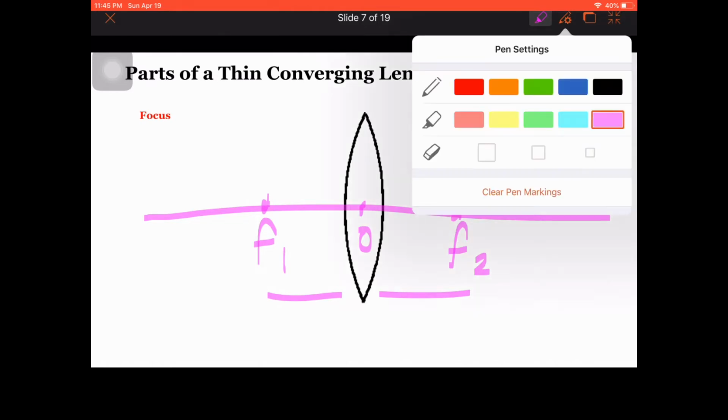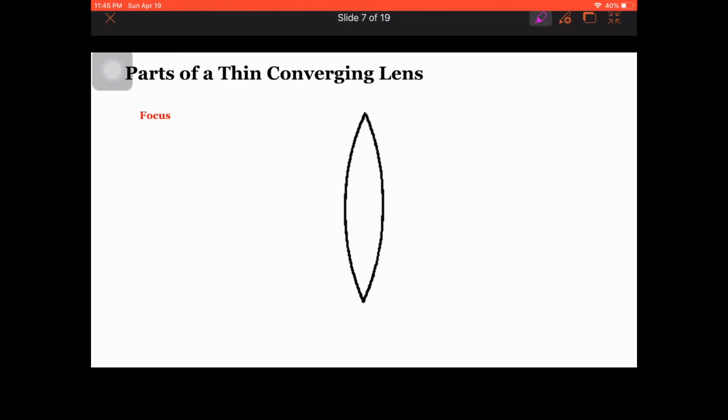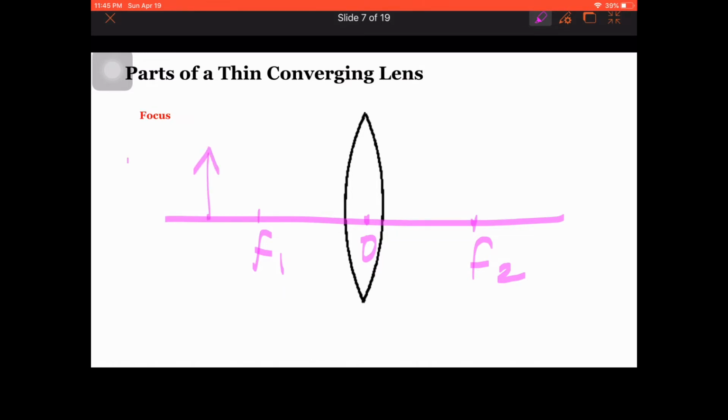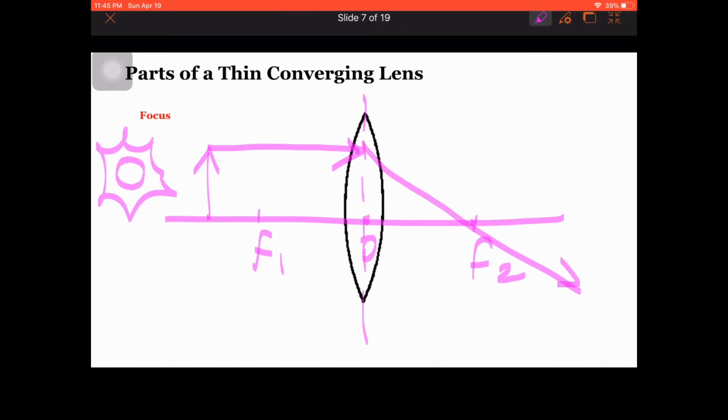So how do we know which one is the principal focus? It depends upon where your object is. So for example, this is F1 and F2. If our object is here and our light source of course will be here, the light rays will be emanating from this point. So we have a line drawn over here, then this will converge at one point.